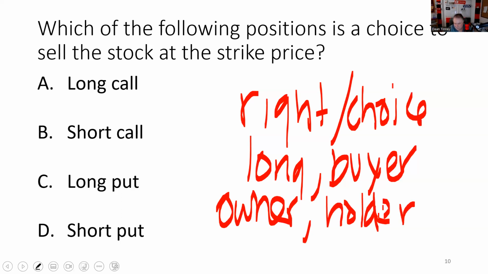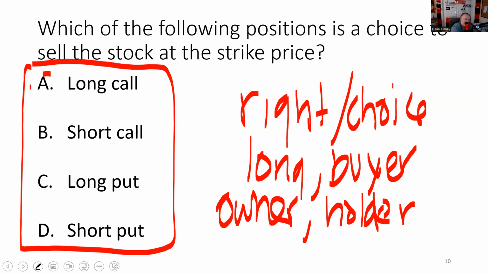I joke, you go into Starbucks and say, I want to go long a venti. So a choice to sell the stock. What I'm trying to get you comfortable with is the answer set. There are two types of contracts, calls and puts. You can either buy them or sell them.